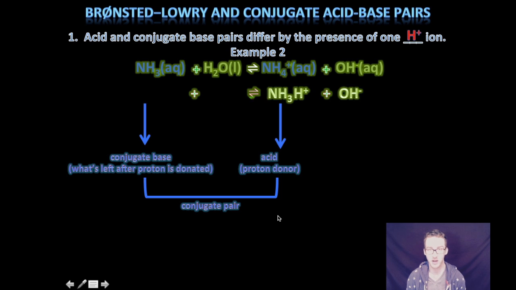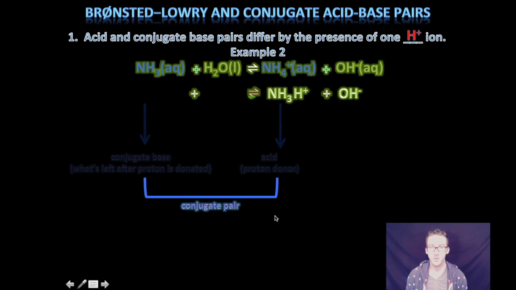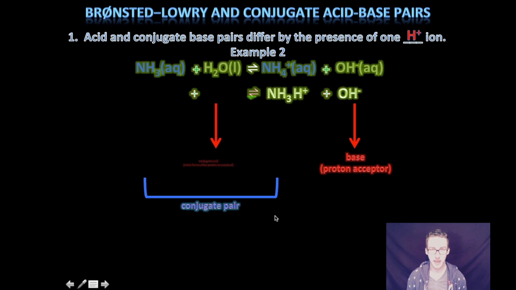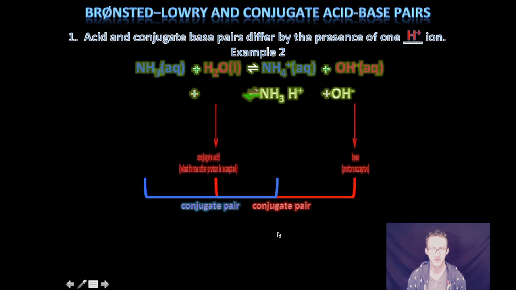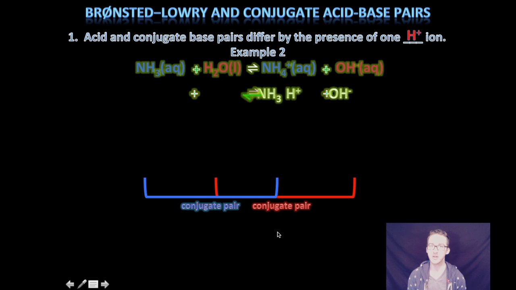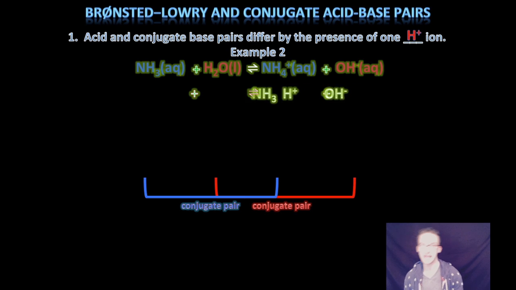So same pair, we're just looking at it now in the reverse. We also have the second pair, water and the hydroxide ion. Again, in the reverse direction, this is acting as a base or a proton acceptor. The water molecule is its conjugate acid. It's what forms after that proton is accepted. So again, it's important to recognize these conjugate acid-base pairs in both the forward and the reverse direction.